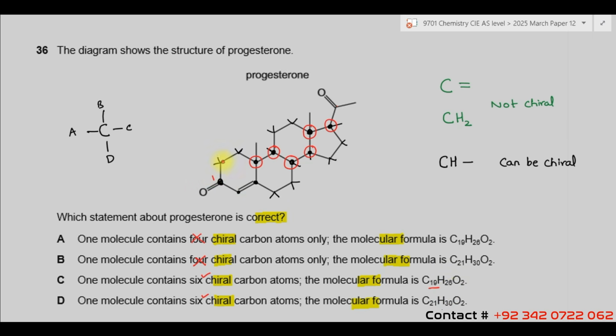So 1, 2, 3, 4, 5, 6, 7, 8, 9, 10, 11, 12, 13, 14, 15, 16, 17, 18, 19, 20, 21. So there are 21 carbons, not 19. So the correct answer is D.